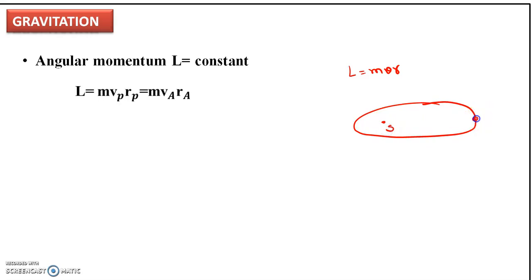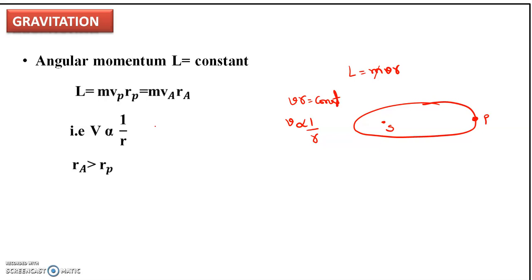For two different positions, aphelion and perihelion, L remains constant. L equal to m v r, and m is also constant, so v r is constant, which means V is inversely proportional to R.